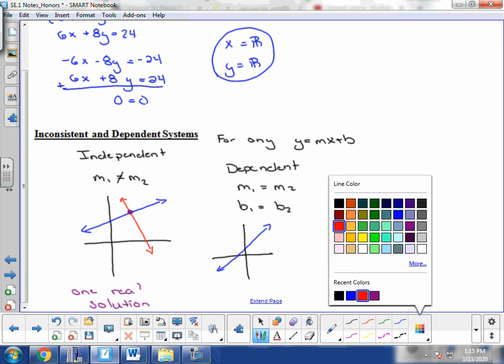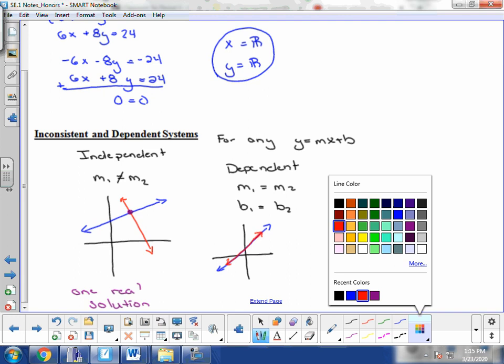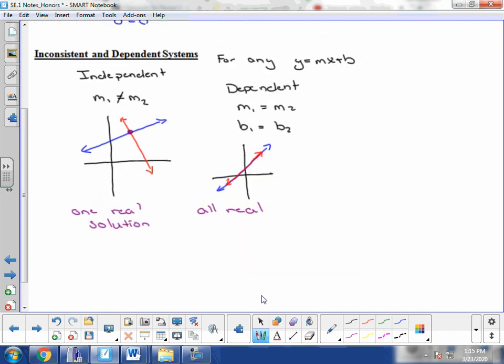It would map in the identical pattern. So let's draw that one right on top. And this one is going to have all real solutions, determined by whatever that line is if we simplified one of the equations.